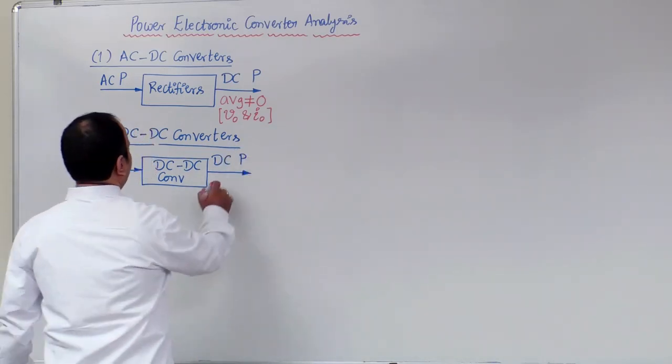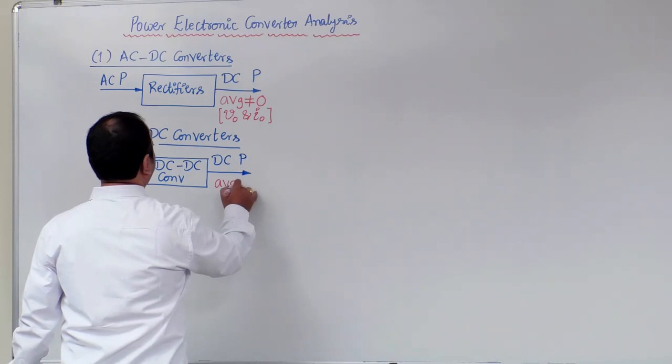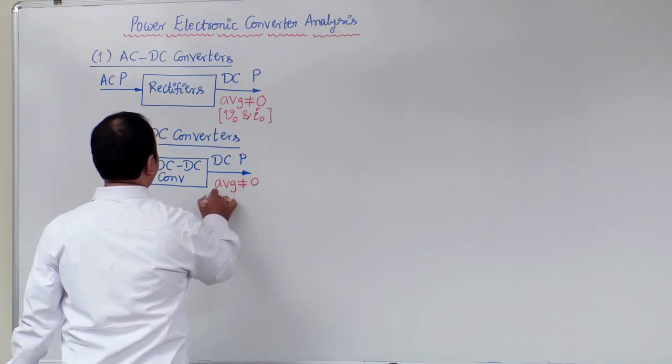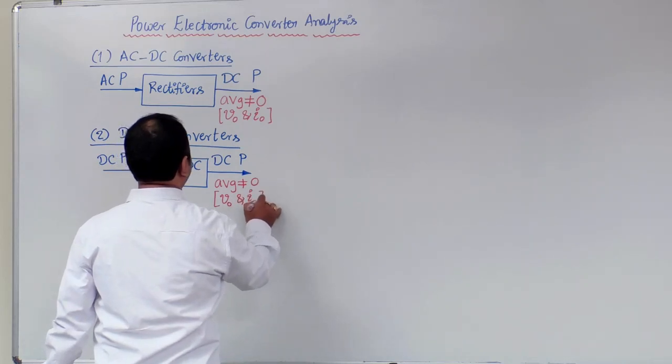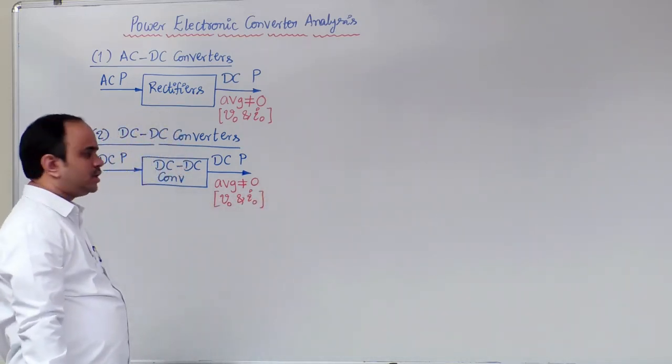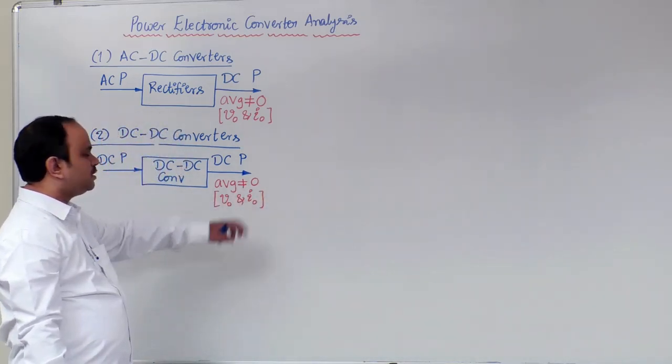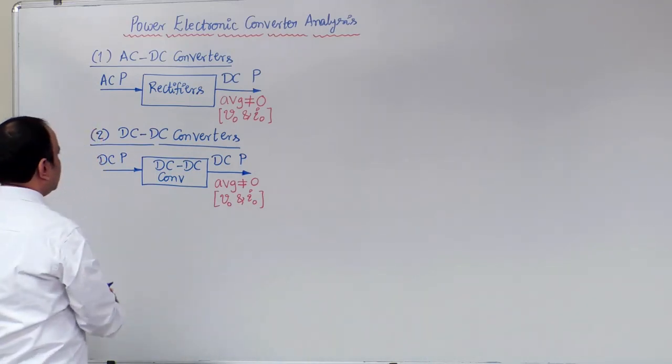And as output is DC power, average values of V0 and I0 are finite values.